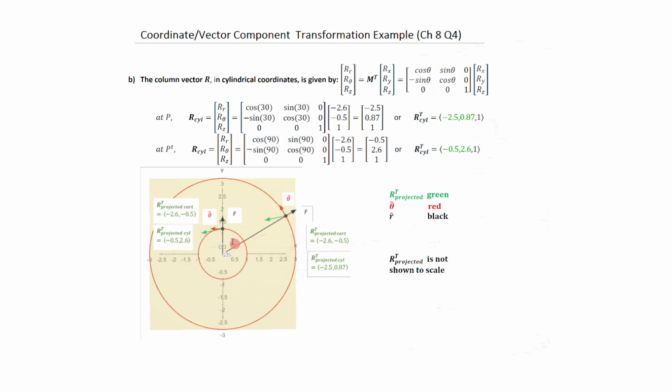Okay, but when we're dealing with cylindrical coordinates, the theta hat here is pointing in this direction, r hat is pointing in this direction, and green is pointing this way. That's quite different than the picture you see here, where now the red is pointing here and the black is pointing here. So clearly, you need the transformation matrix to make sure that you account for the fact that the positions of the basis vectors are position dependent.